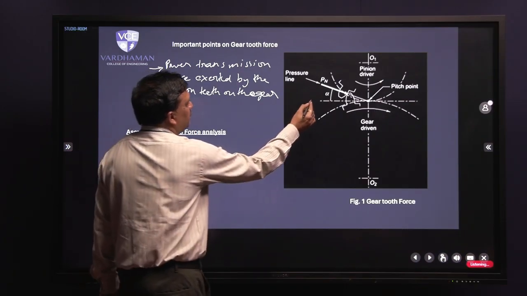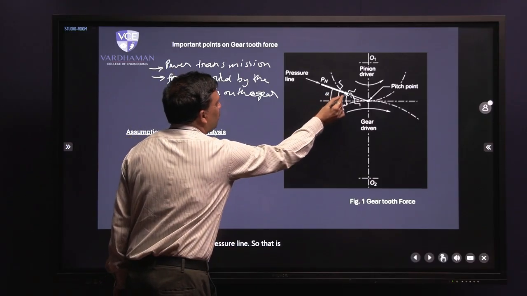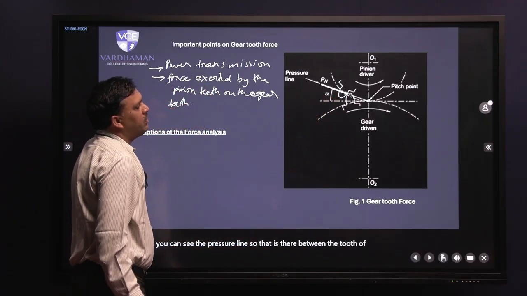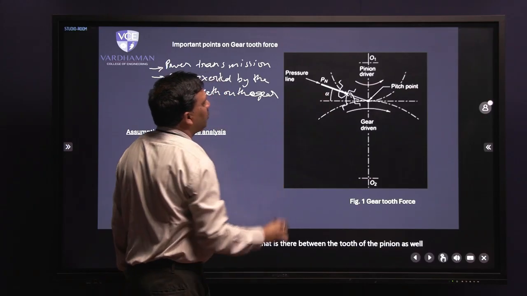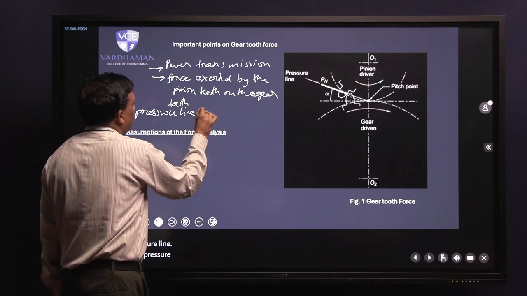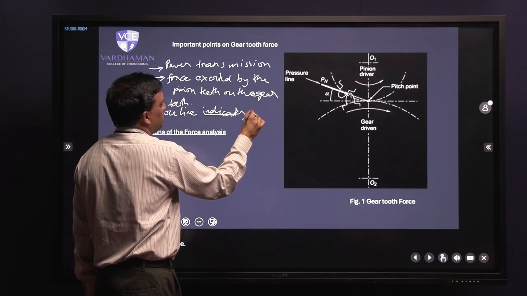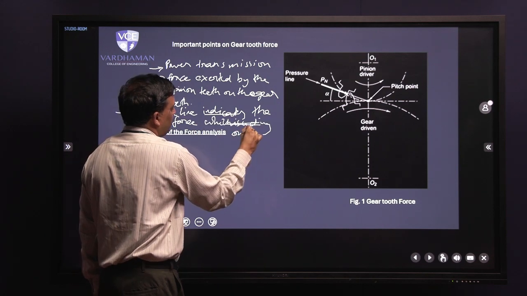Here you can see the pressure line between the tooth of the pinion as well as the gear. The pressure line is the line on which the resultant force is acting. The pressure line indicates the resultant force which is acting on the tooth.